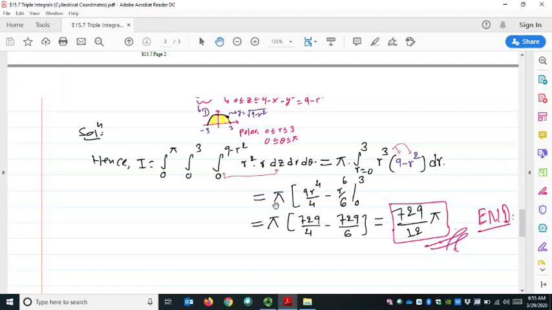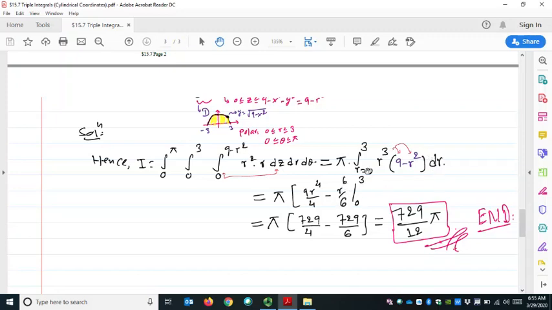So pi, write it down as it is, and first distribute r cubed inside and take the integral. The integral of 9r cubed with respect to dr becomes 9r to the power 4 over 4. Then this minus as it is. r cubed times r square is r to the power 5, so the integral of r to the power 5 with respect to dr is r to the power 6 over 6.